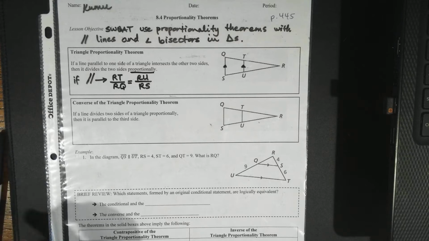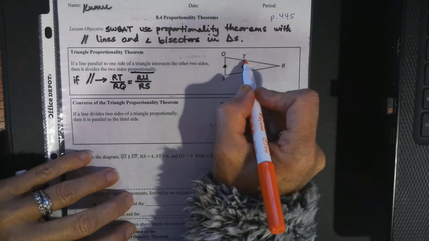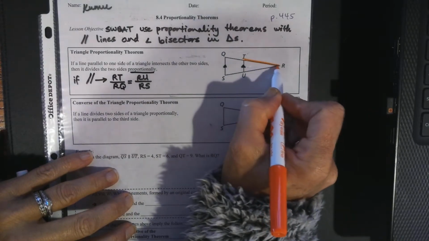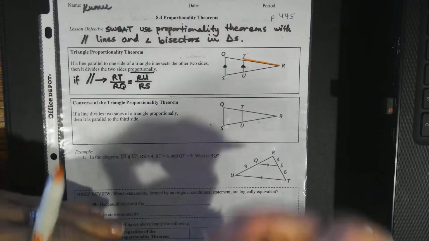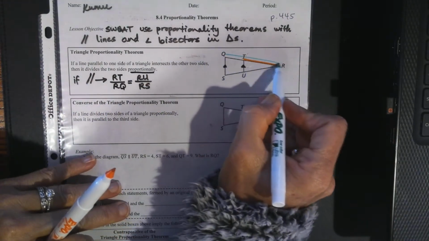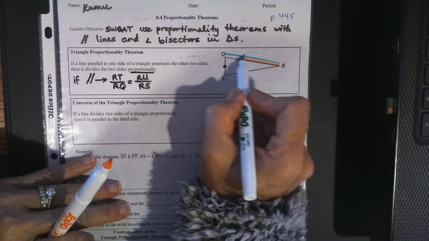And that's a proportion. Remember, a proportion is 2 ratios equal to each other. So here's RT, that's the small triangle, and you're going to compare it to RQ, because that's the bigger triangle.